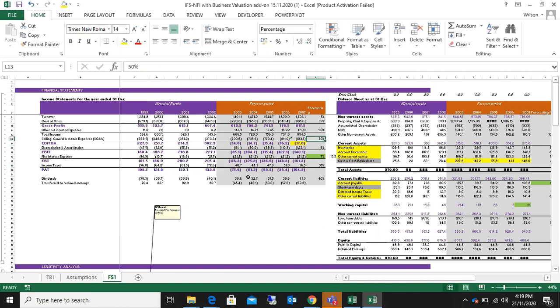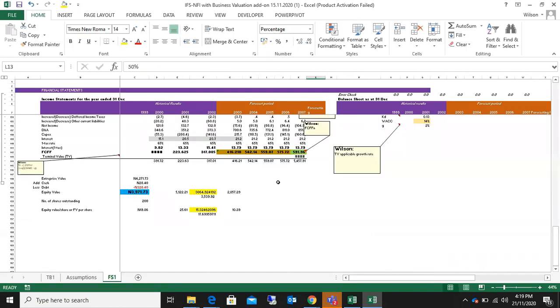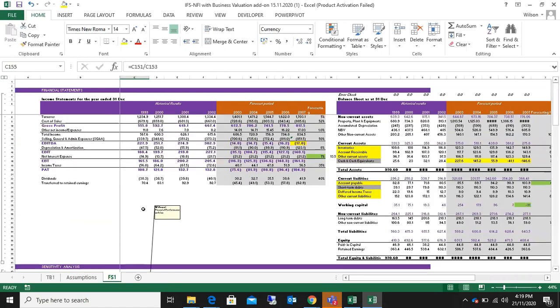So if it's 50%, what happens? Equity value still went up, and this, was it up or down? I think this went down also, or it went up. All right, so those are just the different scenarios.